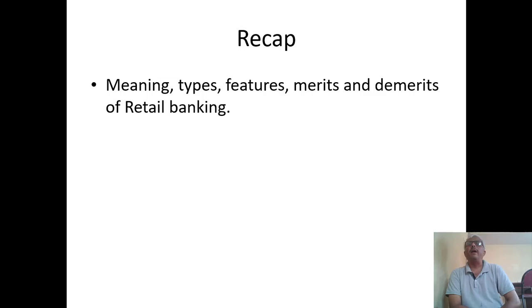And demerits: ICT is becoming expensive, and obviously the same expenditure cannot be transferred to a customer as unit cost. So that is also one of the demerits of this retail banking management. These are the things we have understood in this session.